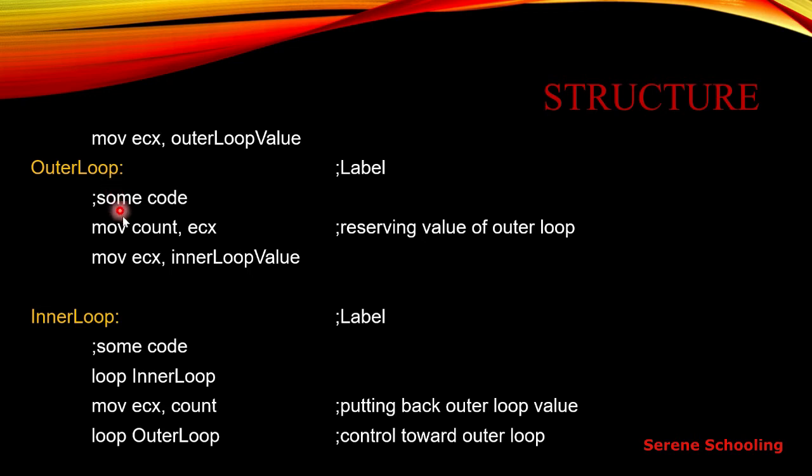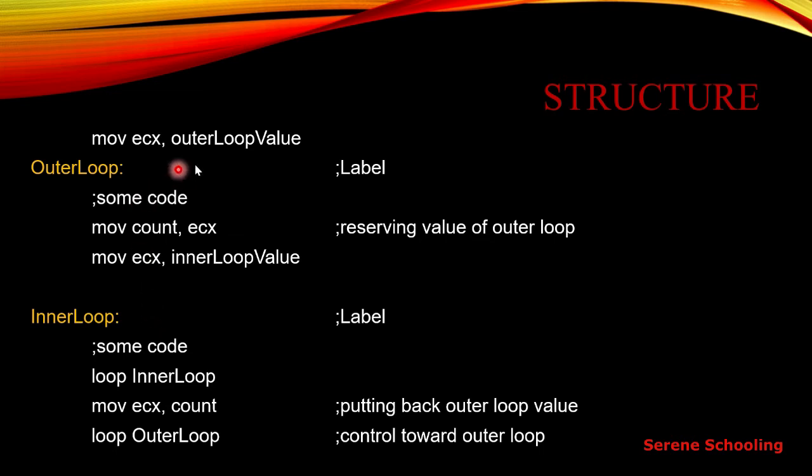All these lines will execute only once, then again I am entering my inner loop. You can see from this procedure that for each outer loop value, my inner loop will complete all its iterations, right?